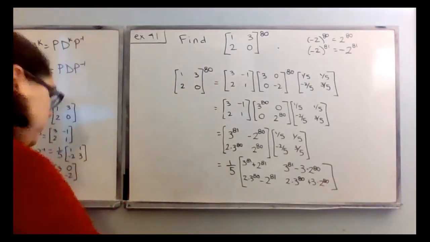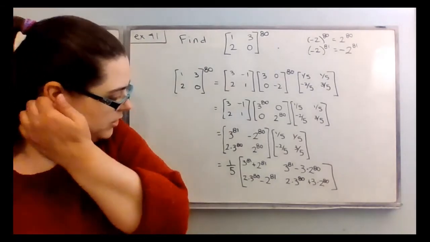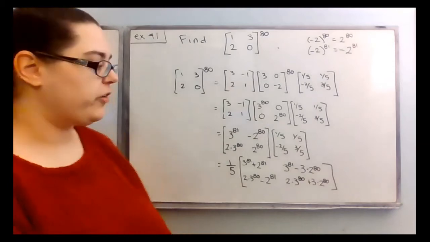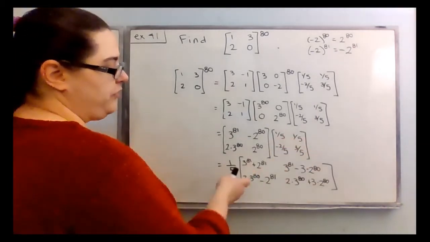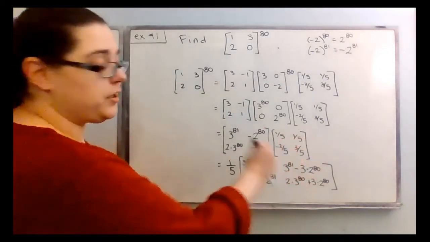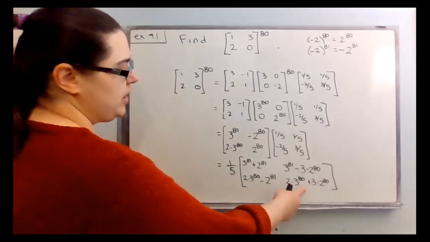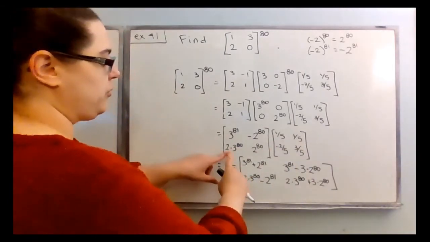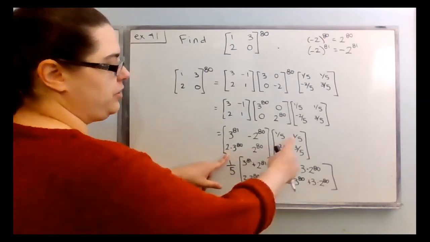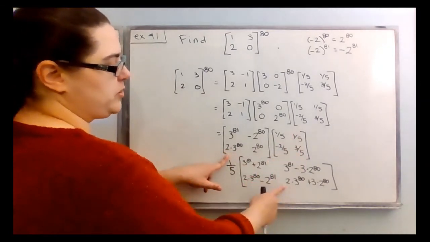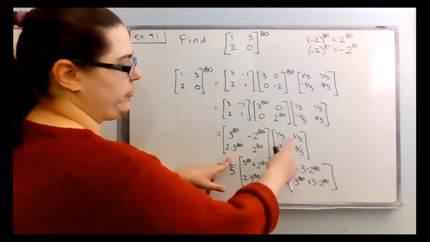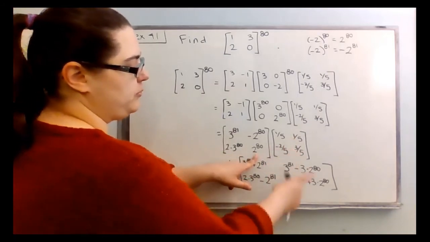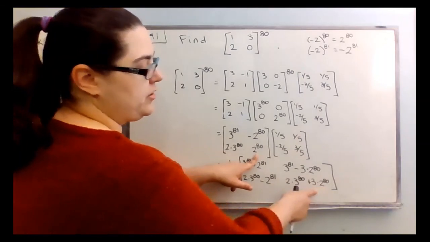Okay, so let's check my multiplication for maybe this last coordinate so you can see where this came from. I factored out the 5th, so I'm just dealing with the numerators here. To get this entry, I'm going to multiply the second row by the second column. So I'm going to get 2 times 3 to the 80th times 1. So this must be where my 2 times 3 to the 80th came from. Plus 2 to the 80th times 3. So that's my 2 to the 80th times 3.